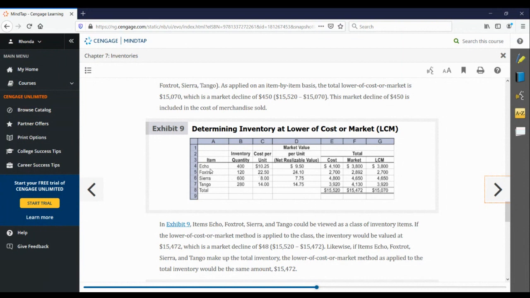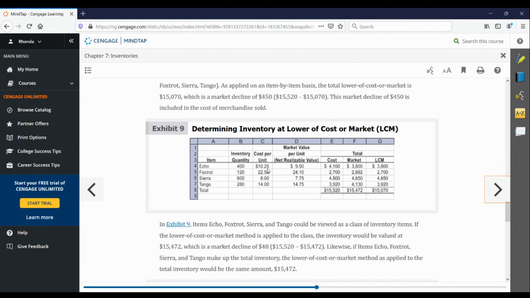First of all, they're valuing inventory items such as Echo, Foxtrot, Sierra, and Tango. These are different inventory items, but the inventory items are very similar in nature. When we place a value on these items, we're going to look at each one of these items, how much we have in the inventory.